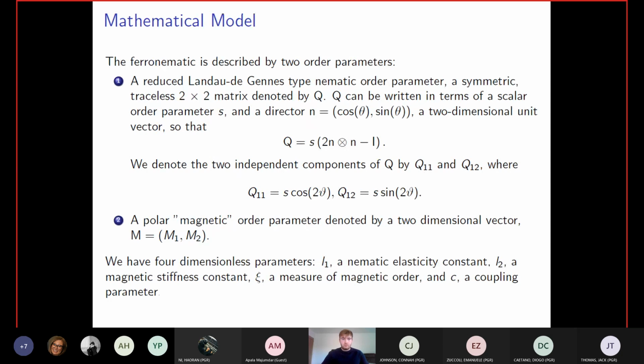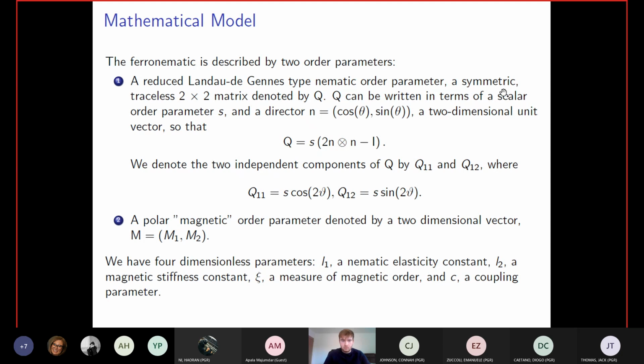So now let's look at the mathematical model. There are two components to the model, the nematic part and the magnetic part, and so we require two order parameters. For the nematic part, we turn to the well-established Landau-de Gennes theory, which involves a nematic order parameter, which is just a symmetric traceless 2×2 matrix Q, which describes the nematic state.